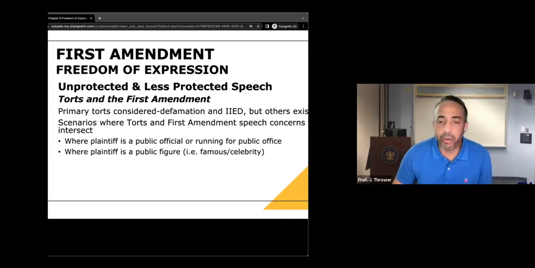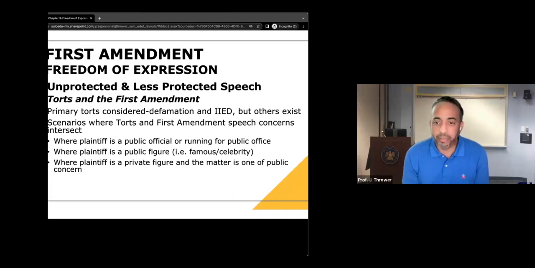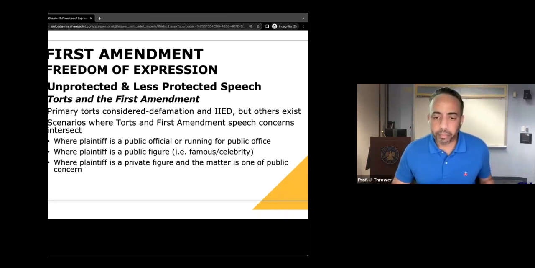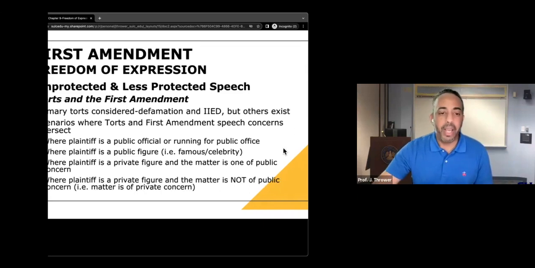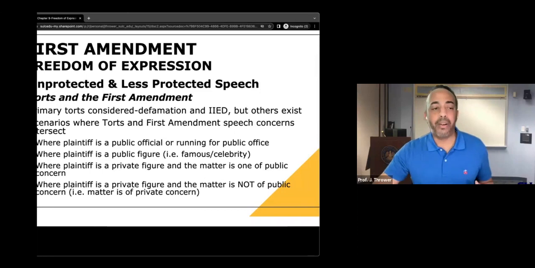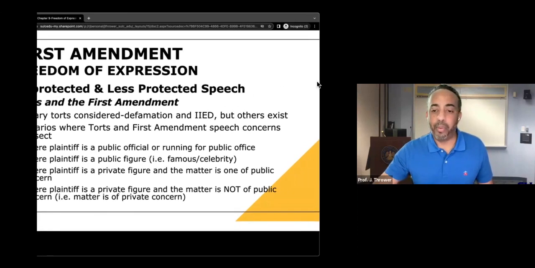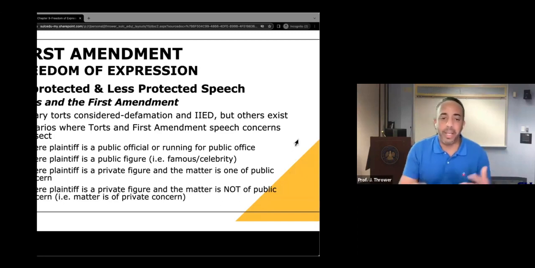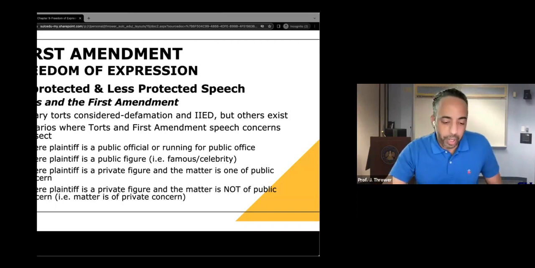A third scenario is where the plaintiff is a private figure, and the matter being sued upon is a matter of public concern. And finally, the last scenario is where the plaintiff is a private figure and the matter is not of public concern, i.e., the matter is of a private nature. These are the scenarios where torts and the First Amendment intersect, and we'll talk about these issues very briefly.